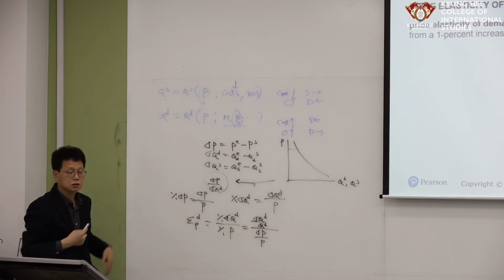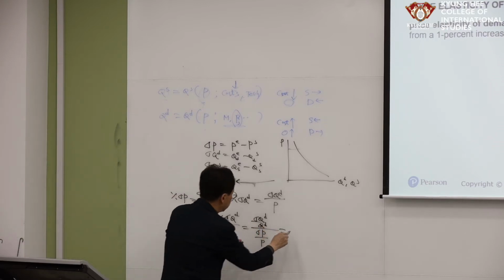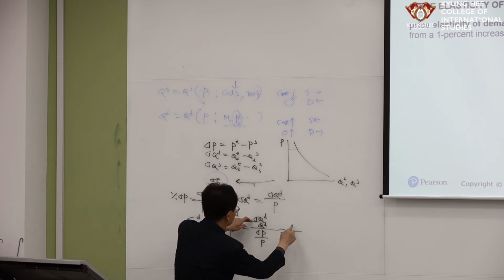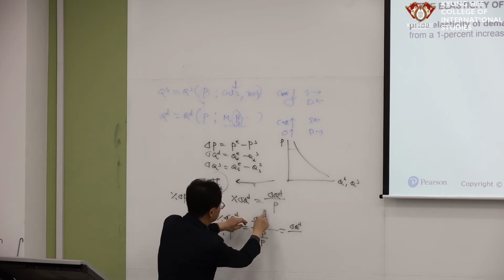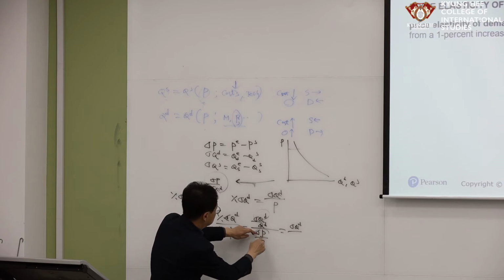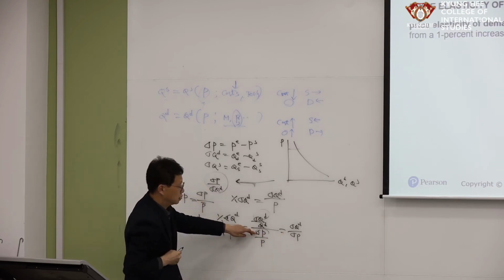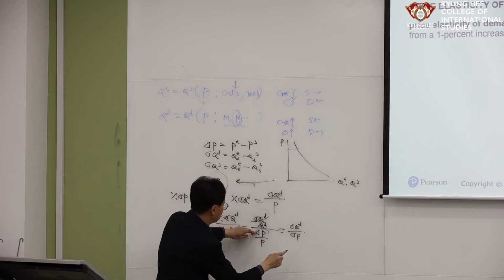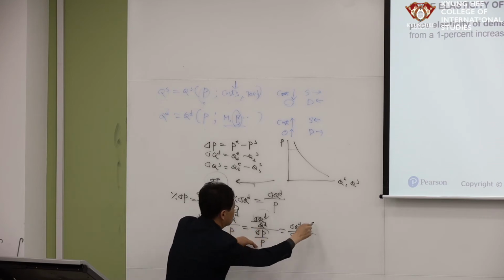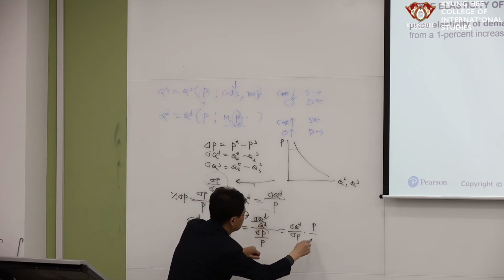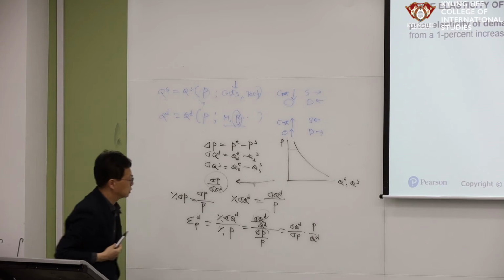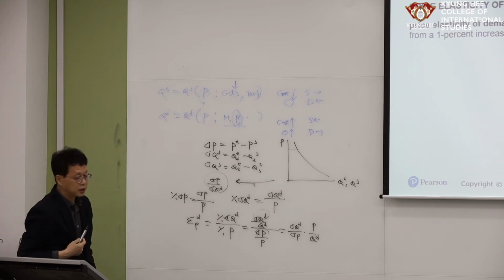So, rewriting, this is equal to change in quantity demanded over change in price, multiplied by price over quantity demanded. That is the definition of price elasticity of demand, right?